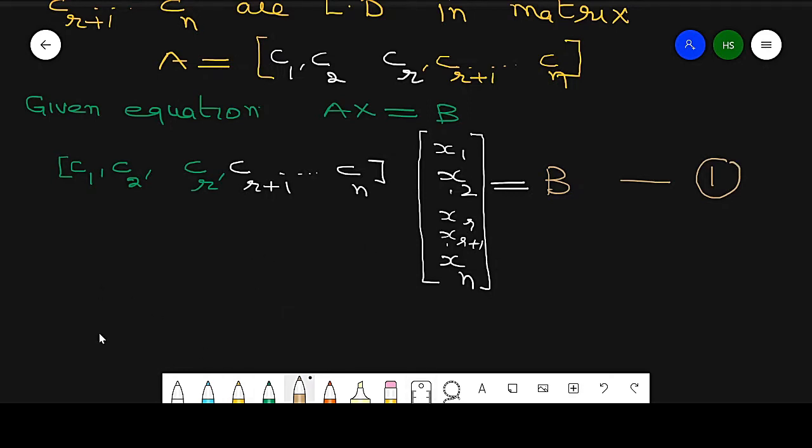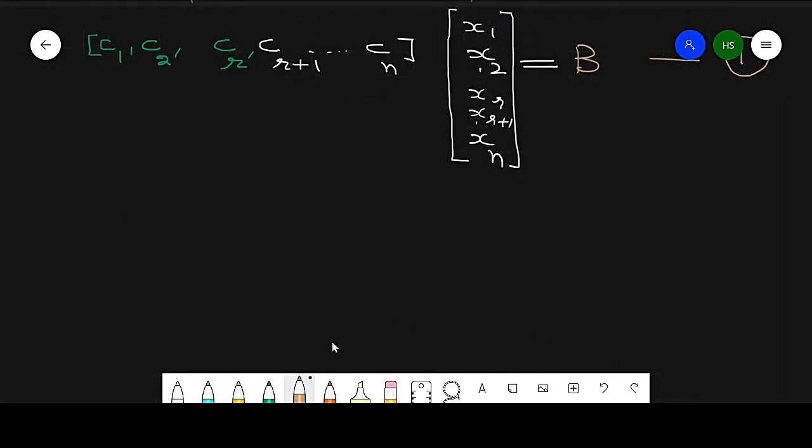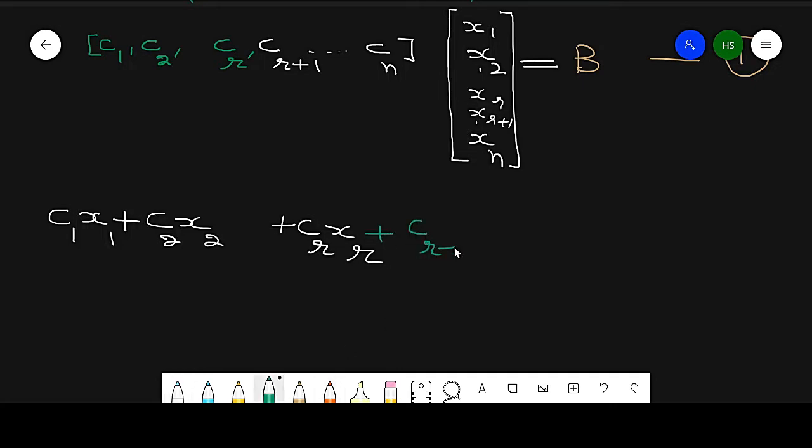Now in order to simplify this equation, we get C1 X1, C2 X2, and so on up to CR XR, then plus CR plus 1 XR plus 1, and so on, plus Cn Xn, which is equal to the B matrix.